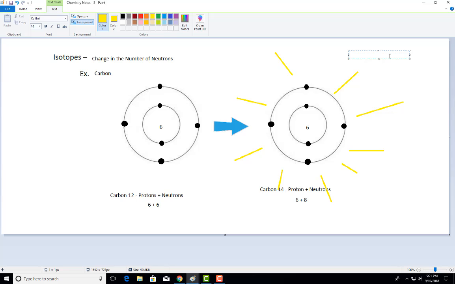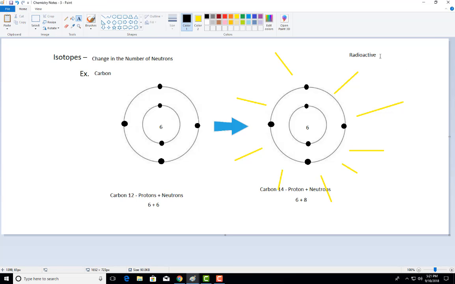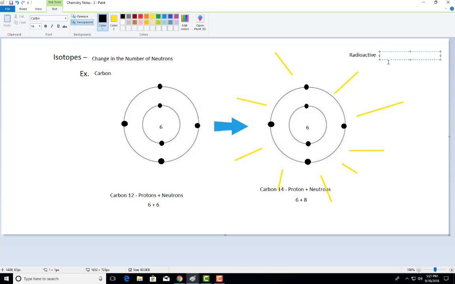We call this radioactive. Not that you can see that because it's all written in this dark color. There we go. These are radioactive. Okay? So what's happening in here is they are unstable.